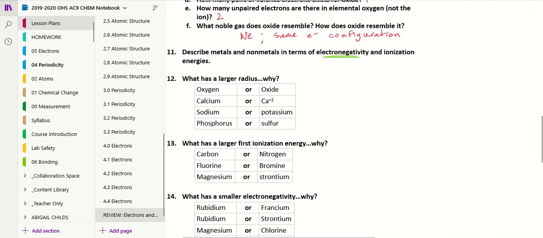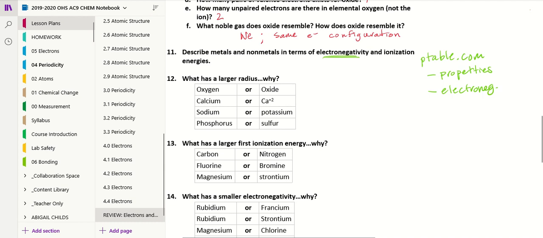Take a look at ptable.com. Click on properties. And then click on electronegativity to get that scaling.